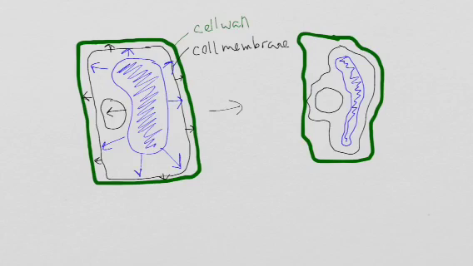And if this is happening in one cell in a plant, it's probably happening in all of them. And if all of the cells go from being nice and erect like this, giving you a nice plant that's totally up like so, you end up getting something like this.